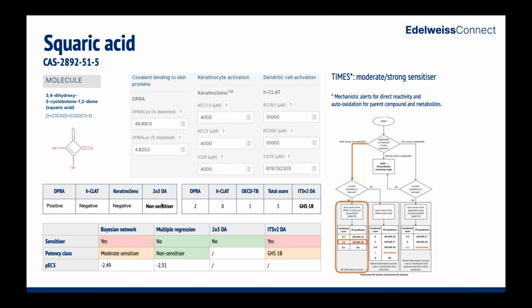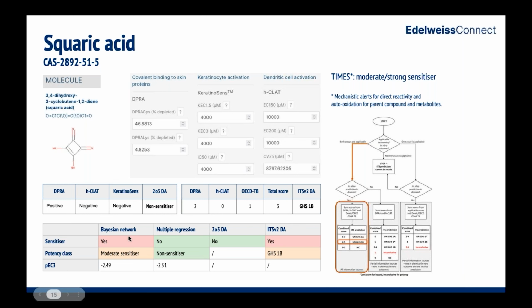So 2 out of 3 defined approach predicted squaric acid as non-sensitizer. And when we calculate the total score contribution, from DPRA it was 2, and from OECD toolbox it was 1, making the total score contribution of squaric acid 3, which comes under UNGHS 1B.